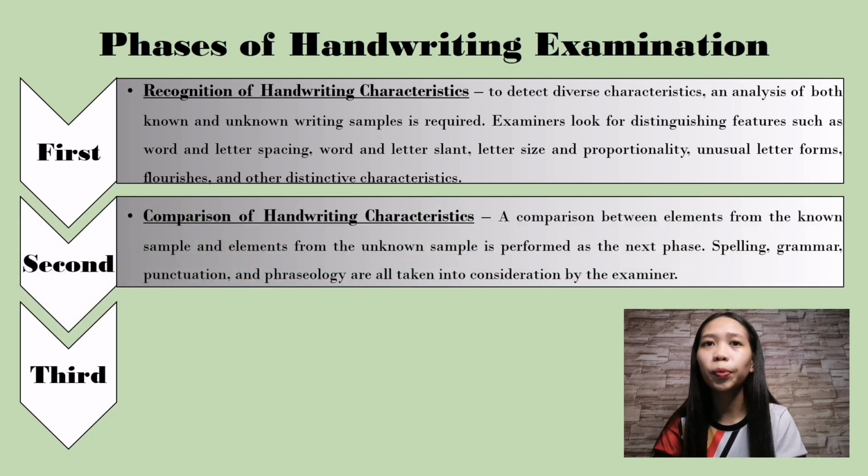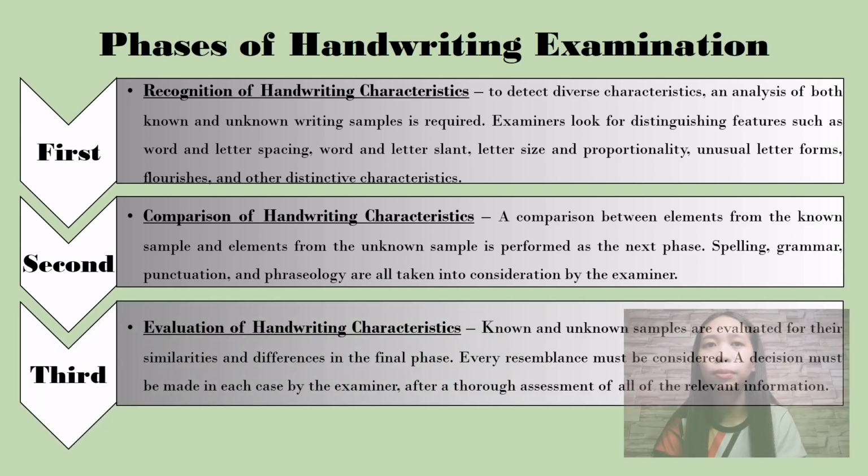Second, comparison of handwriting characteristics. A comparison between elements from the known sample and elements from the unknown sample is performed in the next phase. So spelling, grammar, punctuation, and phraseology are all taken into consideration by the examiner.